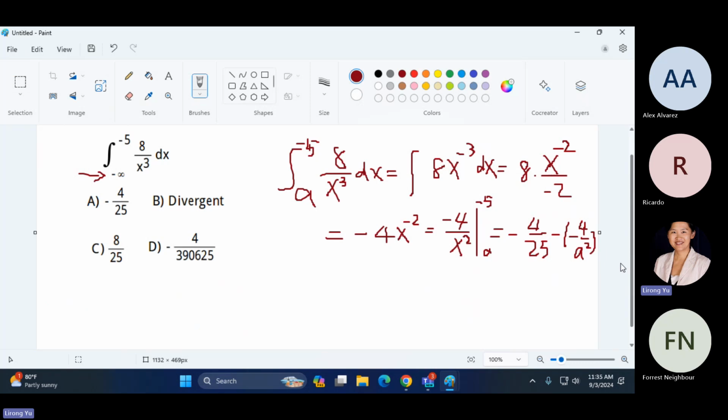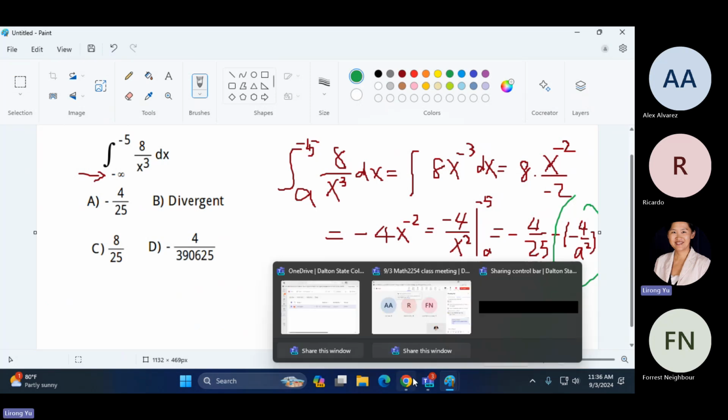At 4 over infinity, the limit value is 0. So basically, the lower limit part goes to 0. The limit value of that part is 0. So negative 4 over 25 is the actual integral value, since for the lower limit a, when a goes to negative infinity, it's 0.